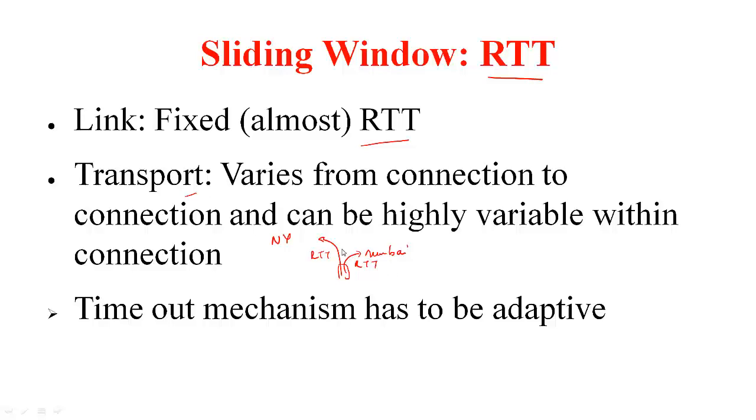Not only that, within the same connection, this round trip time over time will be highly variable, depending upon the congestion that is there as part of the network path. So in case of transport layer, the timeout mechanisms that we use as part of the sliding window protocol have to be very adaptive to what is happening in the network.